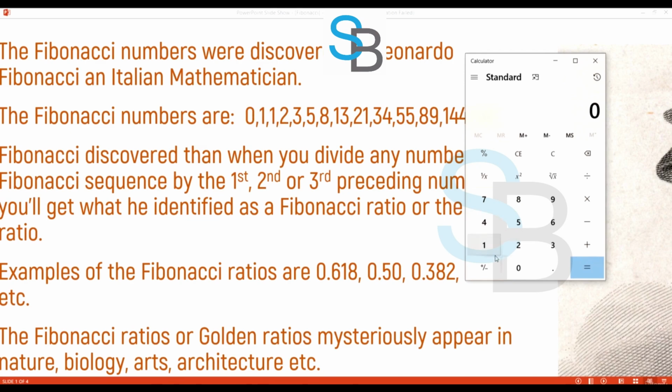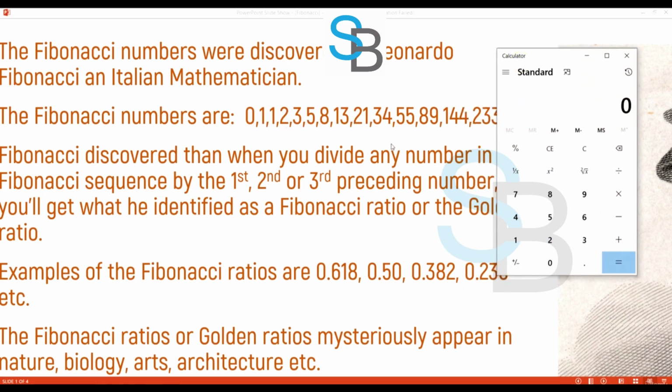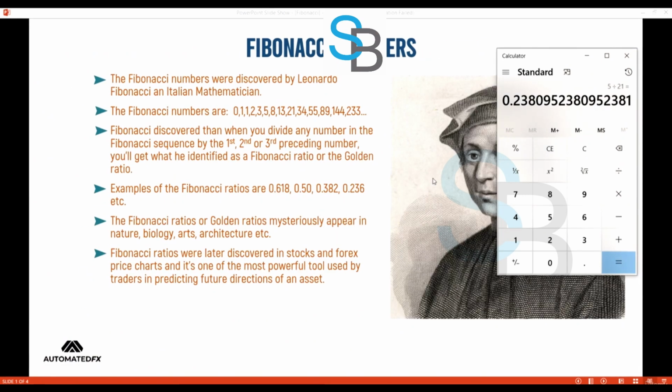For example, when we do 1 divided by 2, what do we get? We get 0.5, right? And just go on and divide them randomly. So we can just do 5 divided by 21. What do we get? 0.236.